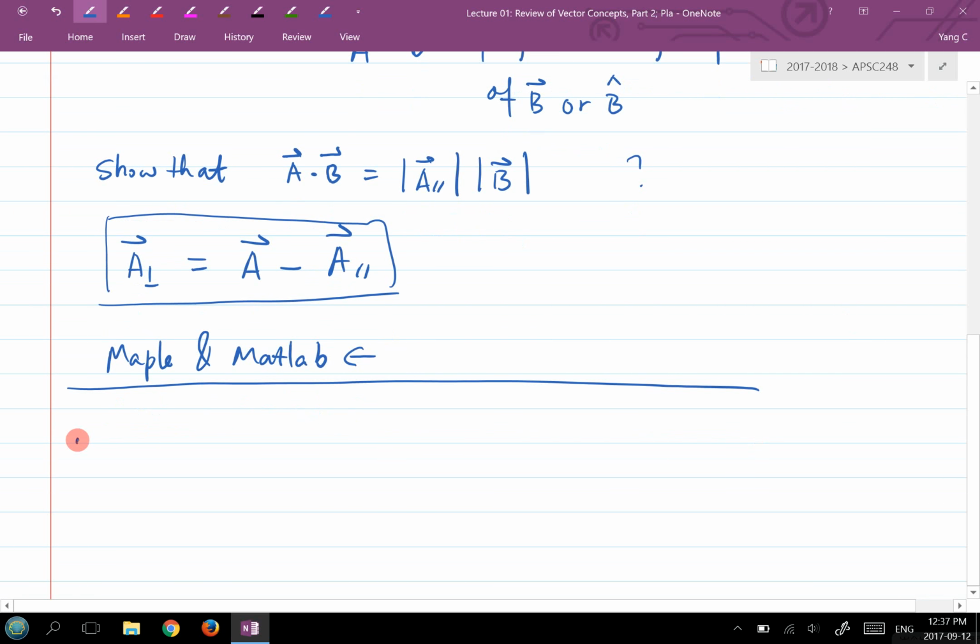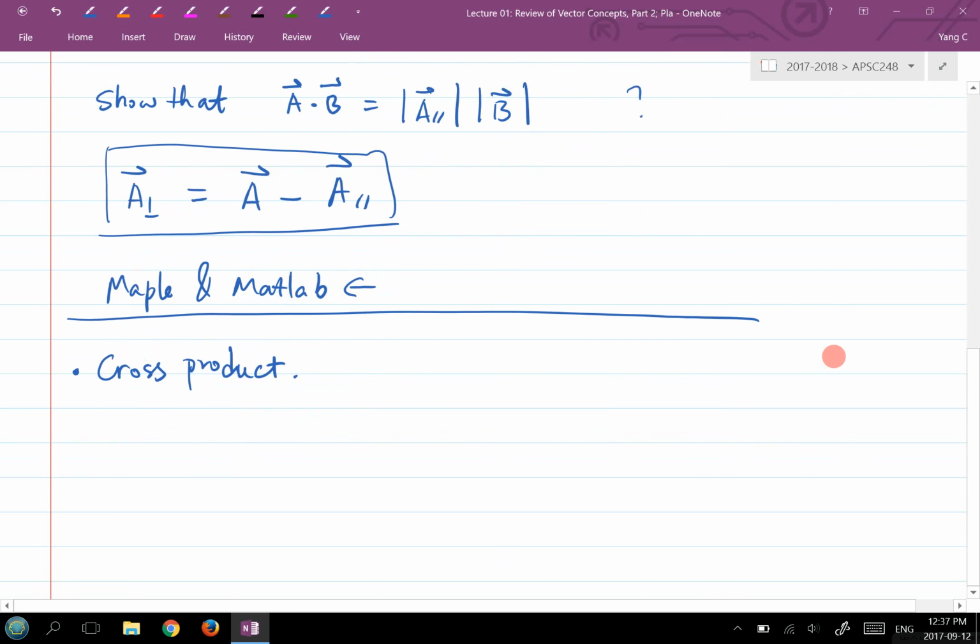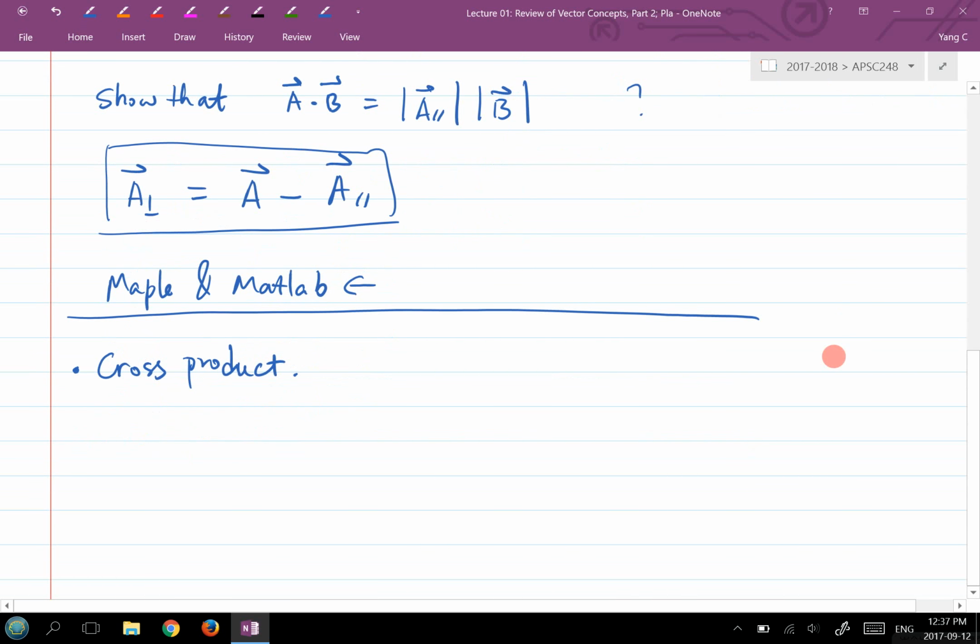Basically, the cross product. So the cross product is another very useful concept that we will use so much in later parts of the lecture. First, the definition.